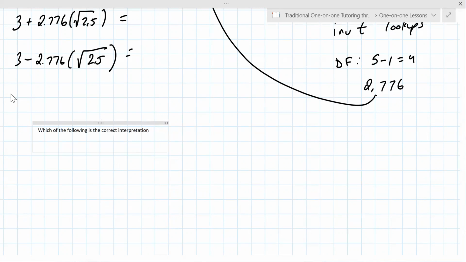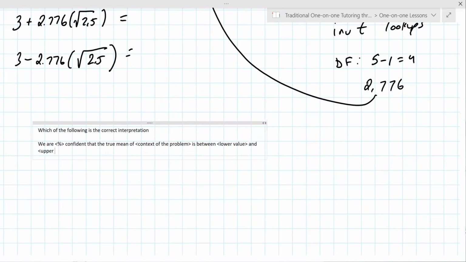And there's all these answers, but the one you want is, we are blank percent confident that the true mean, and this is where you insert the context of the problem, is between lower value and upper value.